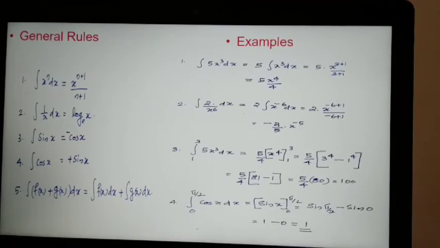Whatever you are getting after integration is known as the integrand. So you are getting the integral as 5 by 4 into x to the power 4 within the limits 1 and 3. Upon that you have to apply the limits. So you keep that integral within a square bracket and apply the limits on the right.